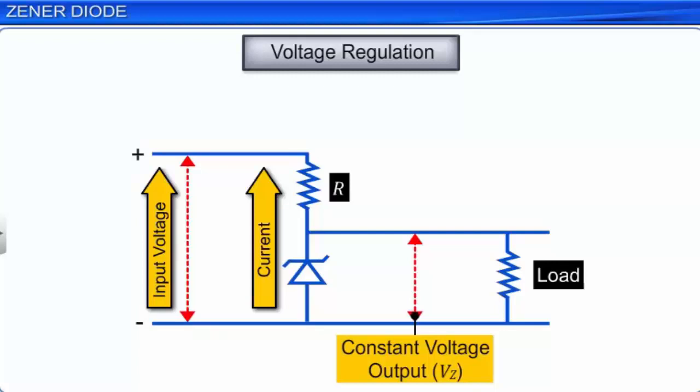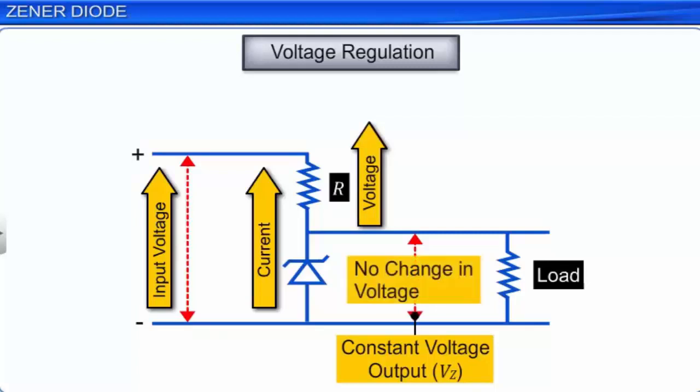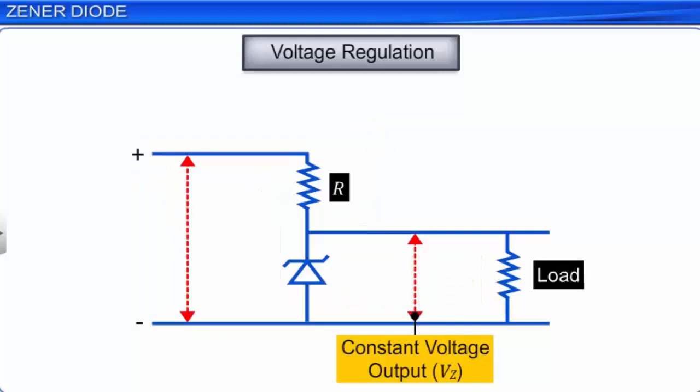This is due to the fact that beyond the breakdown voltage, the voltage across the Zener diode remains the same, although the current through it changes. On the other hand, if the input voltage is decreased, the current through R and the Zener diode decreases.